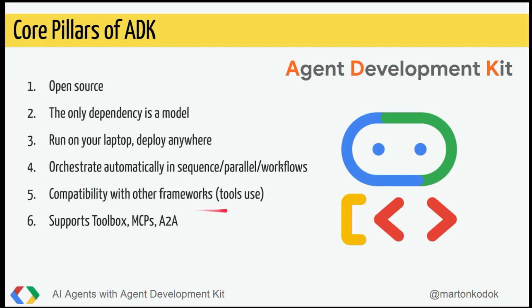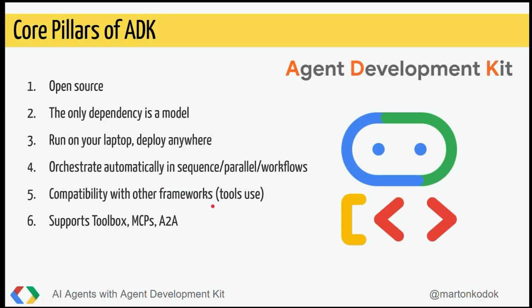It has compatibility with other frameworks, like the tools. So if you are familiar with other frameworks in the agentic way, you can reuse the tools, or you can actually make a polyglot agent system where some of the other frameworks are exposing functionality and you consume it in Agent Development Kit, or vice versa, you create in Agent Development Kit and you consume in other frameworks.